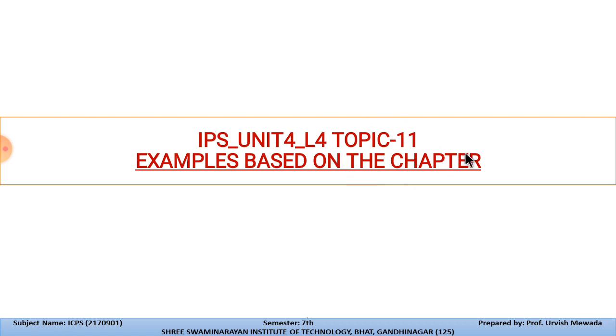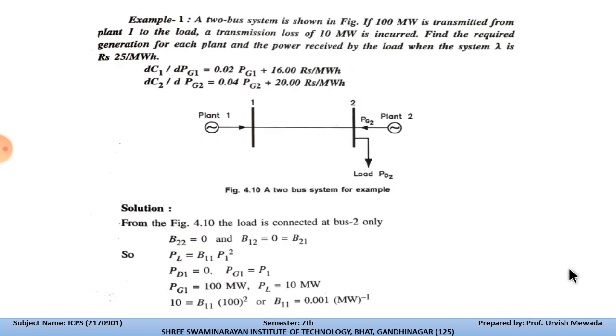Topic number 11 for this lecture is examples based on the chapter on economic operation of the power system. Now let us discuss the examples. Such examples are frequently asked in the GTU exam, so please go through it carefully and try to solve it your own way.